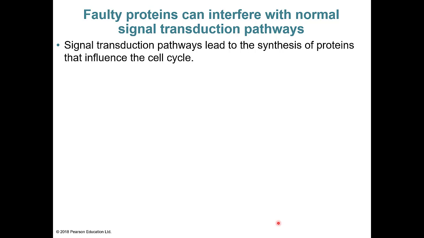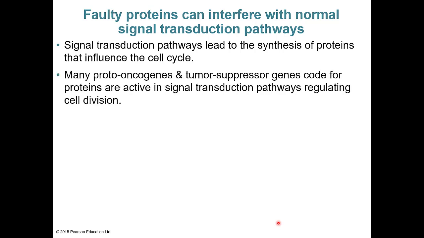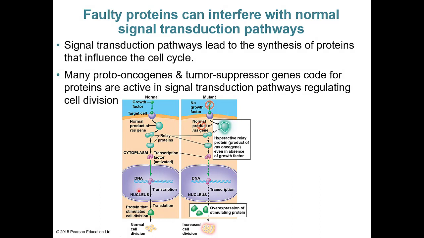Some of that control of the cell cycle is through these signal transduction pathways. So if we have an error in the transduction pathway, we can certainly interfere with the normal cell cycle. So many of our proto-oncogenes and tumor suppressor genes interfere with this signal transduction pathway. We don't need to worry about the details here, but that's one of the things they're showing here.